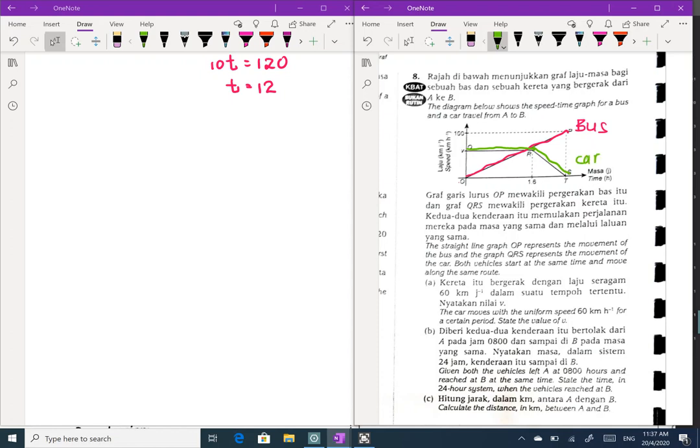Both start at the same time and move along the same route. The car moves with the uniform speed V km/h for a certain period. State the value of V.